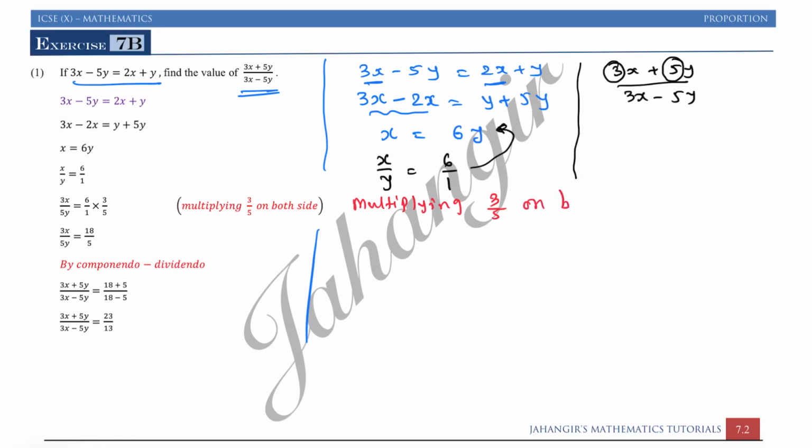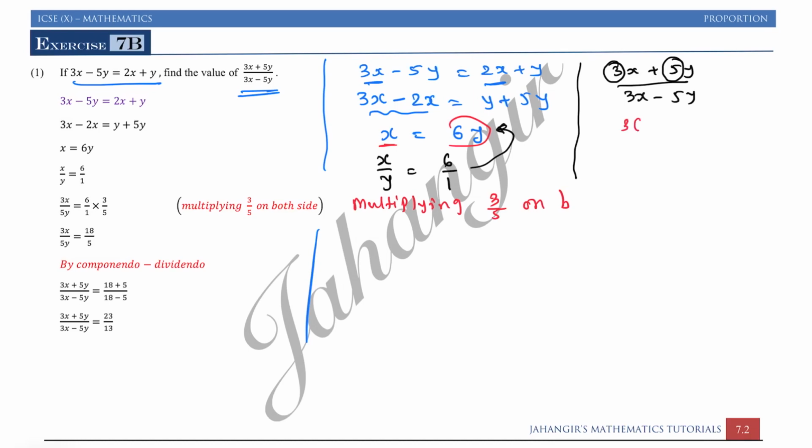This type of sum you have to do by properties only. If you are doing it directly, you won't get marks. If you are just substituting the x value as 6y over here, you will not get marks. When they ask this type of question using properties, solve it that way. Otherwise it's very easy, just substitute x.